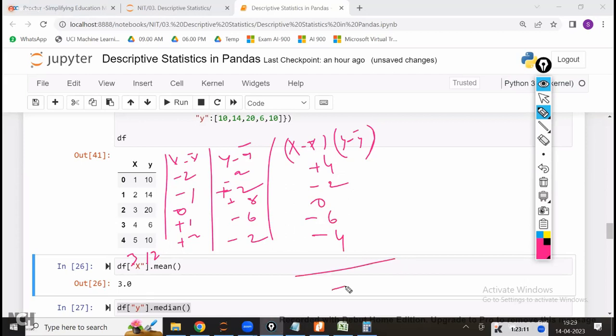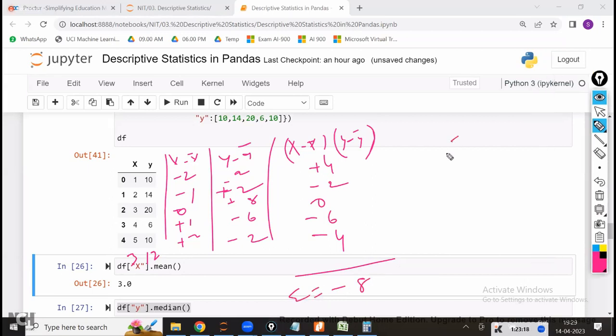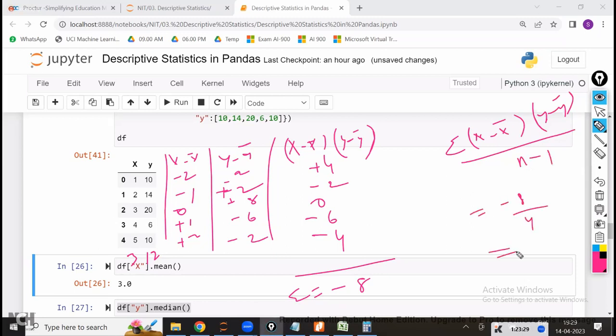The sum is nothing but minus 8. Now, the covariance formula is sigma of X minus X bar into Y minus Y bar divided by N minus 1. That is minus 8 divided by 5 minus 1, which is 4, so minus 2. This is the covariance, right?